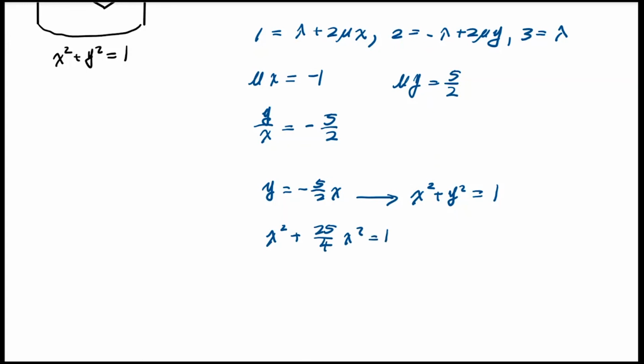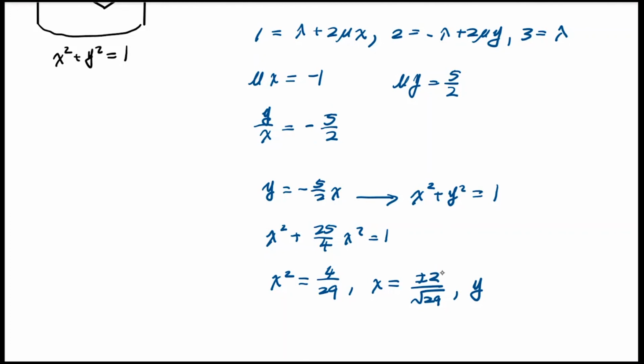Eh? Say yes. Okay, so if I add, that's 29 over 4, right? So x squared is equal to 4 over 29. Eh? So x is equal to plus or minus 2 over square root 29. Good. Say yes. Now we plug it in to this thingy right here.